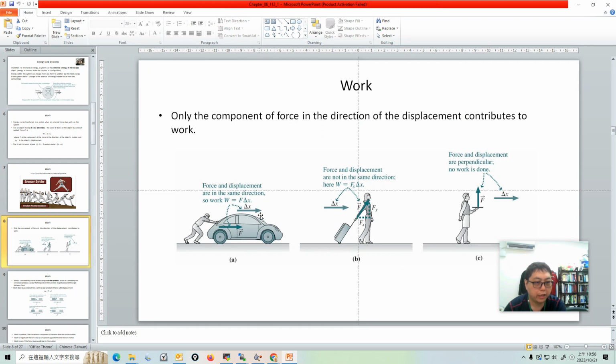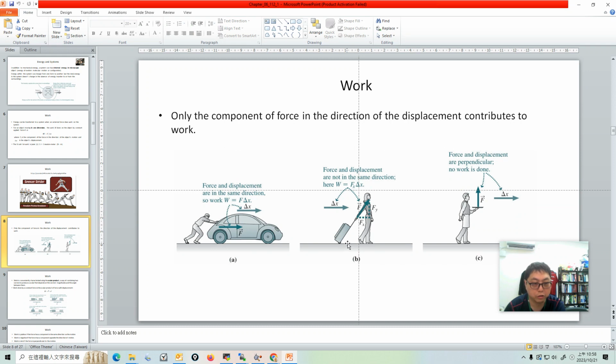Okay, on this slide, what can I say? The direction between your force and the displacement vector is very important. When the force is parallel to the displacement direction, the work is equal to F times delta x. But for the middle example, you are pulling a luggage, and your pulling direction, your force direction, is not 100% parallel to the displacement direction.